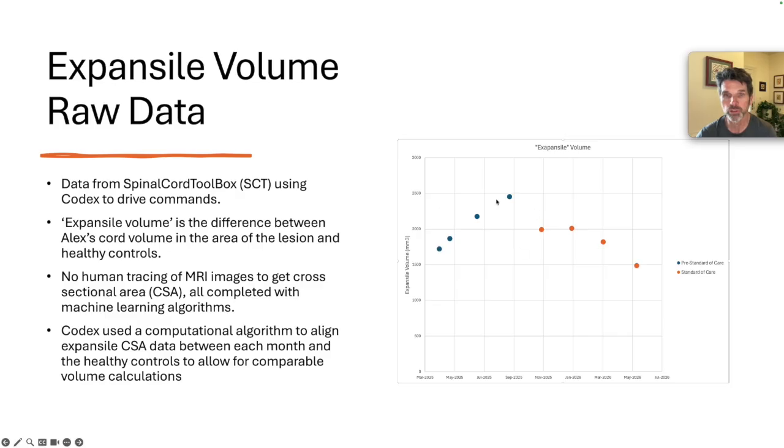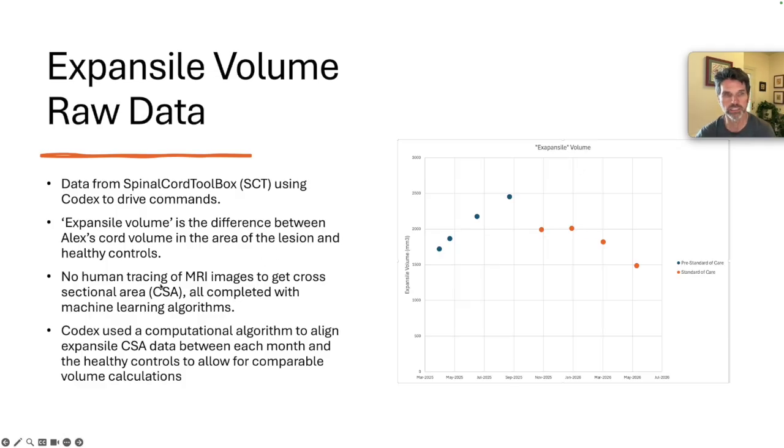And looking at both pre-standard of care treatment, and then you see the change occur as standard of care, there's both the chemoradiation period, which occurred in September and early October, and then the adjuvant TMZ cycles that have occurred since.